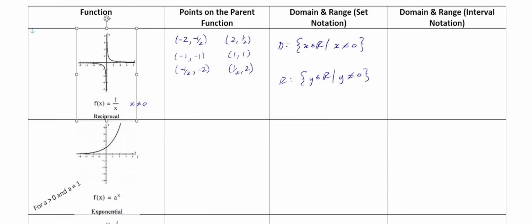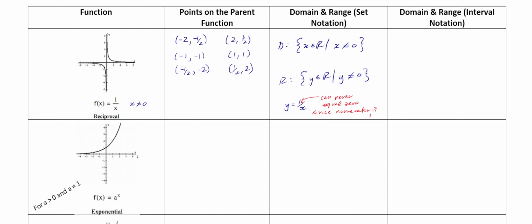y equals 1/x. This can never be equal to 0 because a fraction can only equal 0 if the numerator is equal to 0. This right here can never equal 0 since the numerator is 1, right?